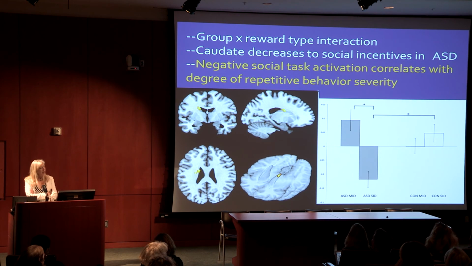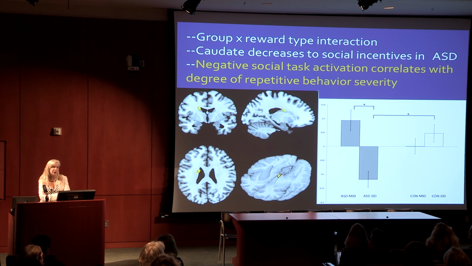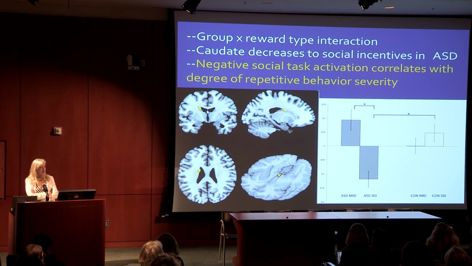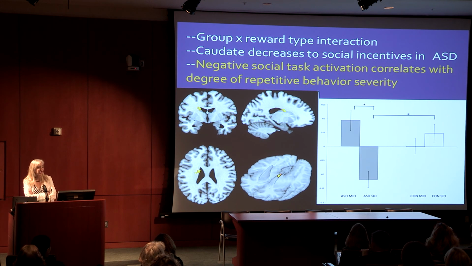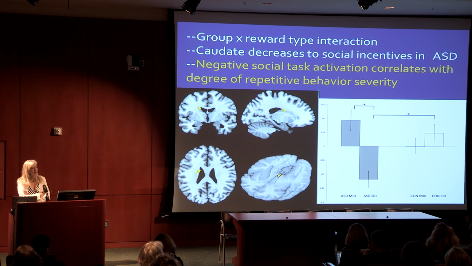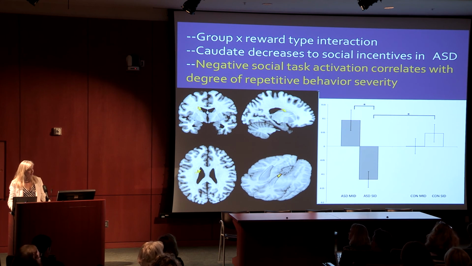Thank you very much. There's a group by reward type interaction, and in particular, the caudate, this part of the striatum, is decreased in its activity in response to social incentives. And there's this cross correlation so that negative social task activation correlates with degree of repetitive behavior severity. You can see that in the graph over here.